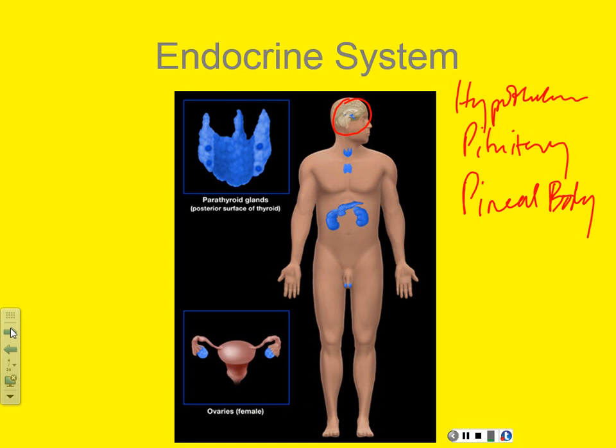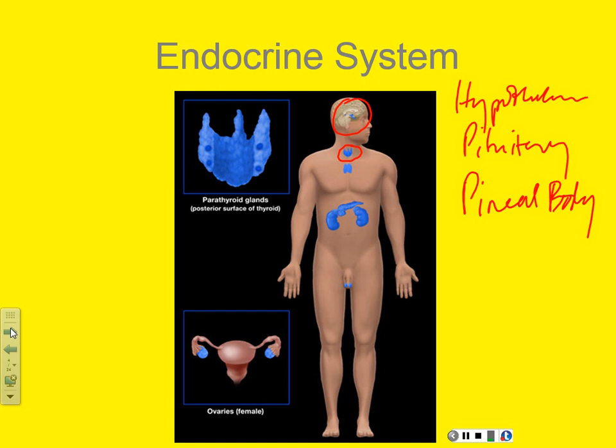And then, of course, this is the thyroid. The thyroid is a certain shape, and we'll talk more about it in ANP2. It's got this bilobed appearance with a pyramid in the middle. And then, of course, the thymus, which is involved in immune function and produces thymosin and thymopoietin.